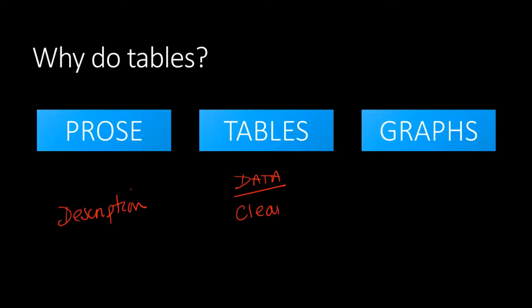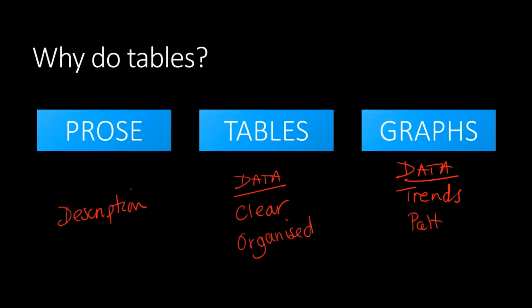First of all, it needs to make the data clear, and secondly, in order to make it clear really, it needs to make the data organised. It's possible that you might see a trend in a table, but that's really what graphs are about. They're also a way of showing data, but they show trends or patterns.